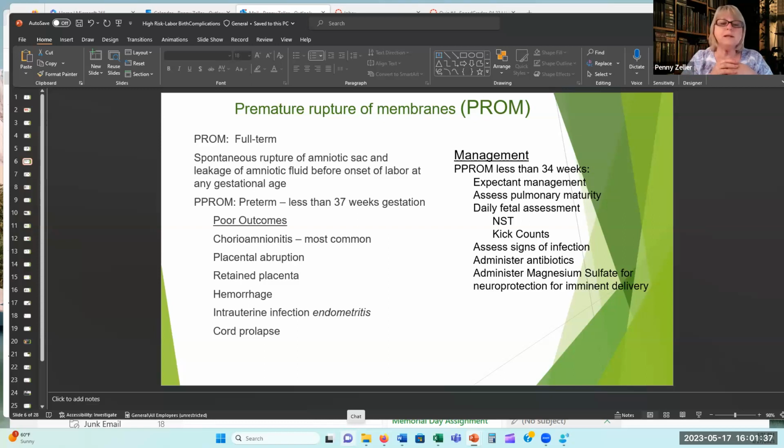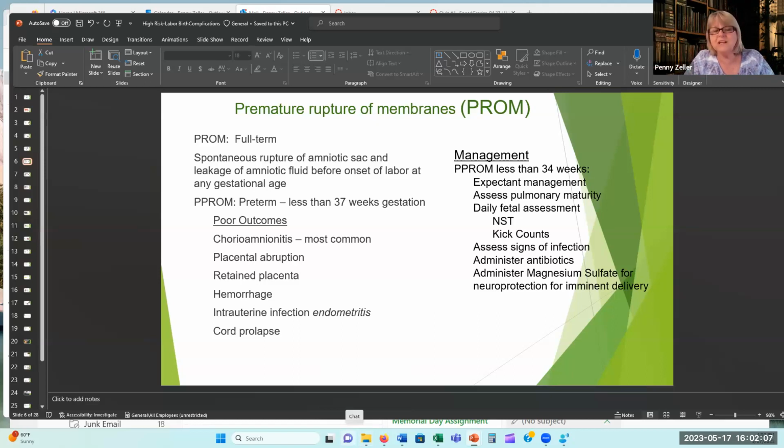Sometimes preterm labor can lead to placental abruption. A retained placenta: with premature rupture of membranes, she goes into labor and she has that infection in that amniotic sac, which does not allow that placenta to fully pull away. Hemorrhage.